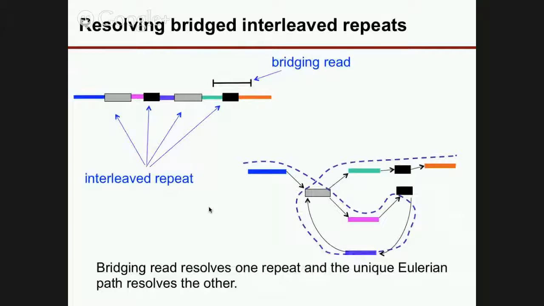If you look at this picture, the necessary condition was 1 of the 4 copies to be bridged. I don't need to bridge 2 of the copies, I don't need to bridge 3 of the copies or 4 of the copies, just 1 of the copies. In a triple repeat case, the necessary condition is also bridging 1 of the 3 copies.